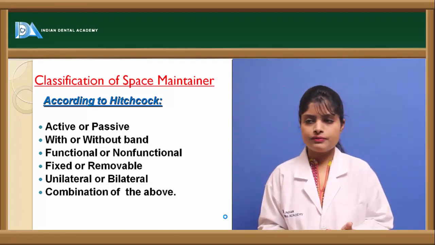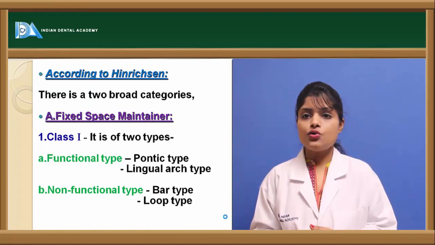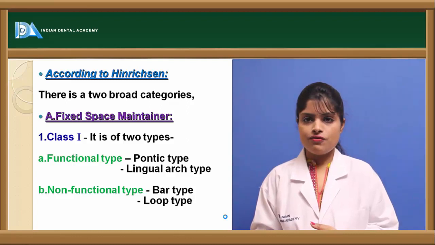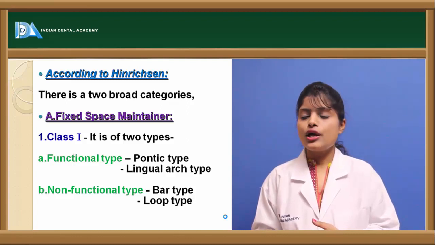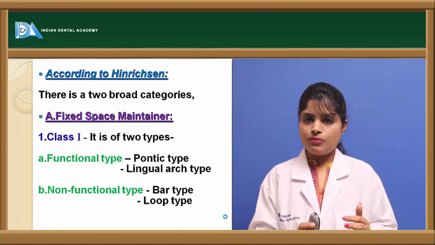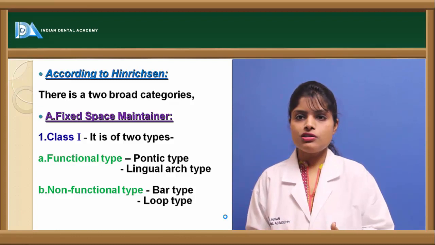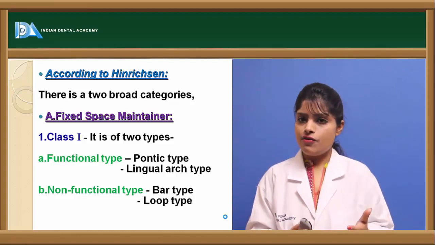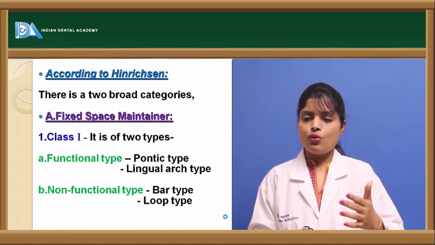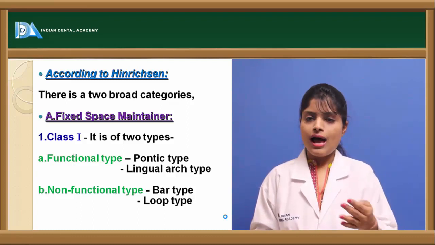Then another classification was given by Hinrichsen. He classified the space maintainers into two broad categories, that is fixed type of space maintainers and the second was removable type of space maintainers. The fixed type of space maintainer was further divided into class 1 and class 2.